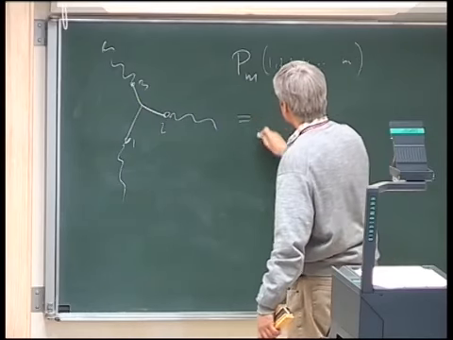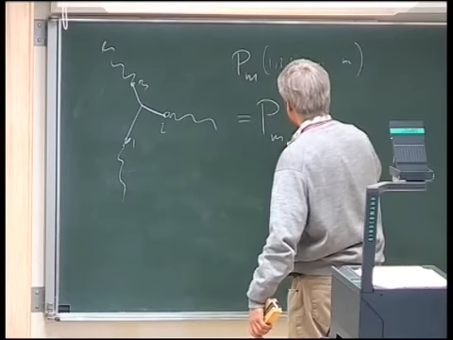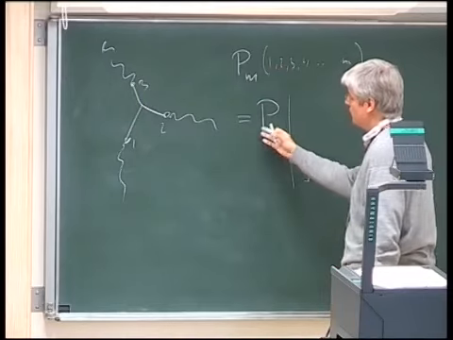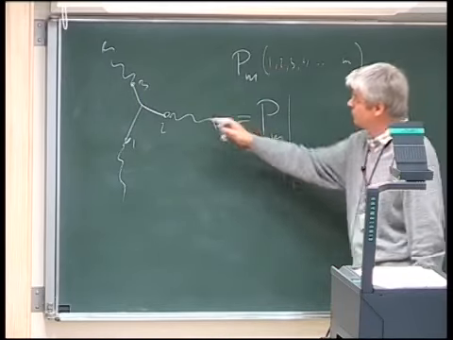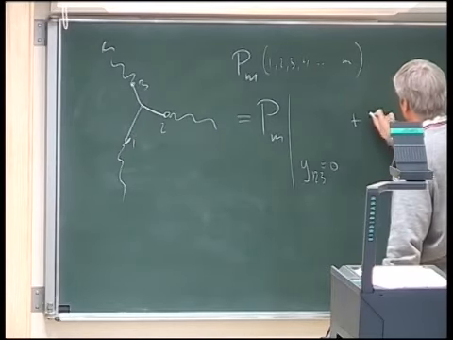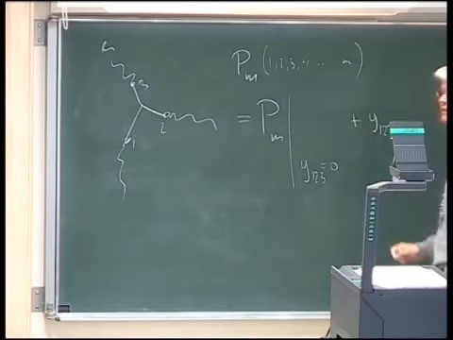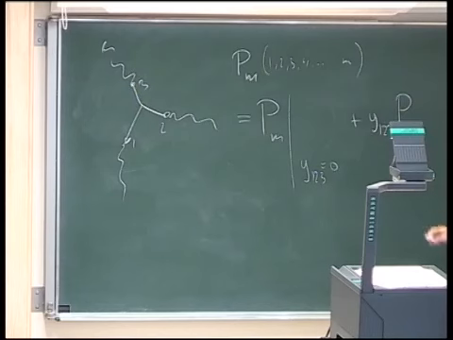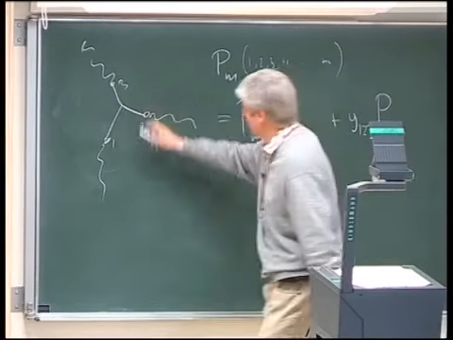One term is PM, where you just put y123 equal to 0. So that counts all the trees that do not contain this edge. And then there will be another term which does contain it. So write y123, and then you have some PM minus 2. But then somehow this was contracted.